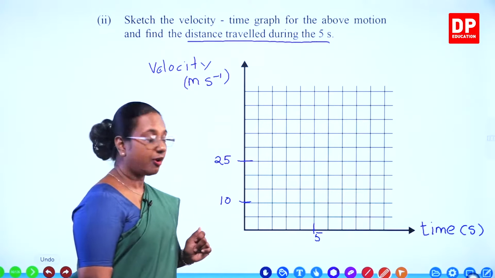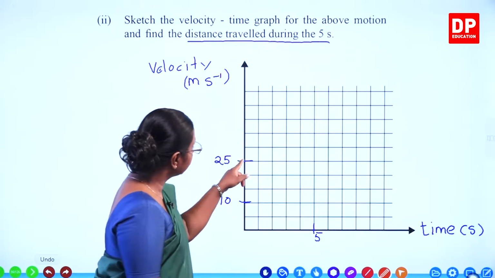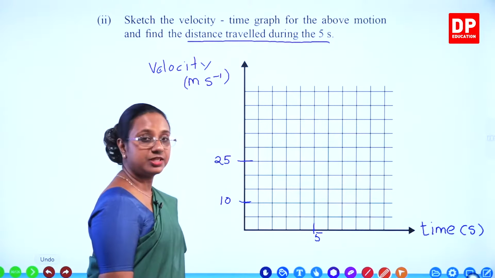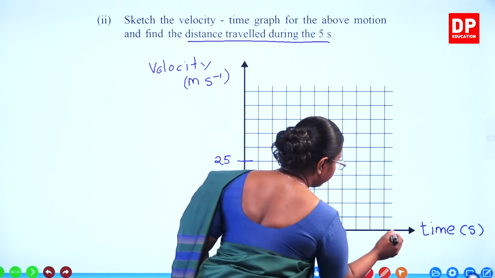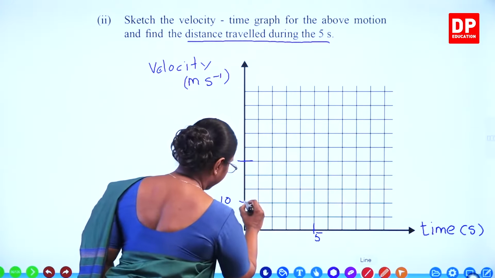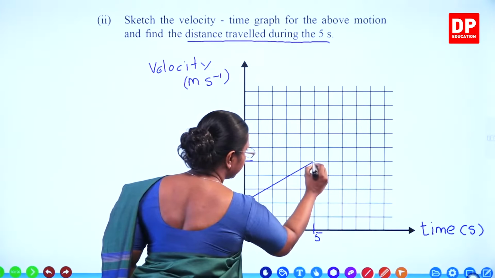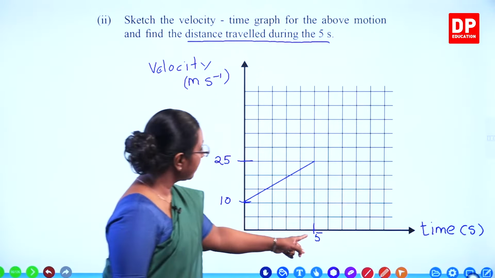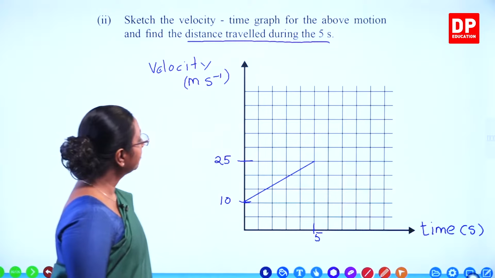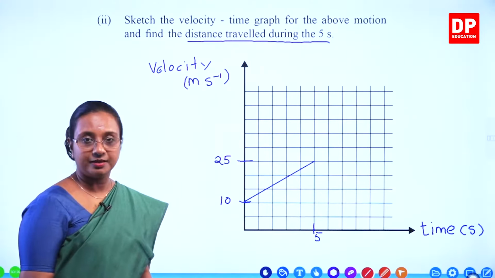So, starting from the initial velocity 10 meters per second, the object has to reach a velocity of 25 meters per second. So, if I draw the graph, it will start from this point and come up to there. In 5 seconds, it has reached the velocity of 25 meters per second.